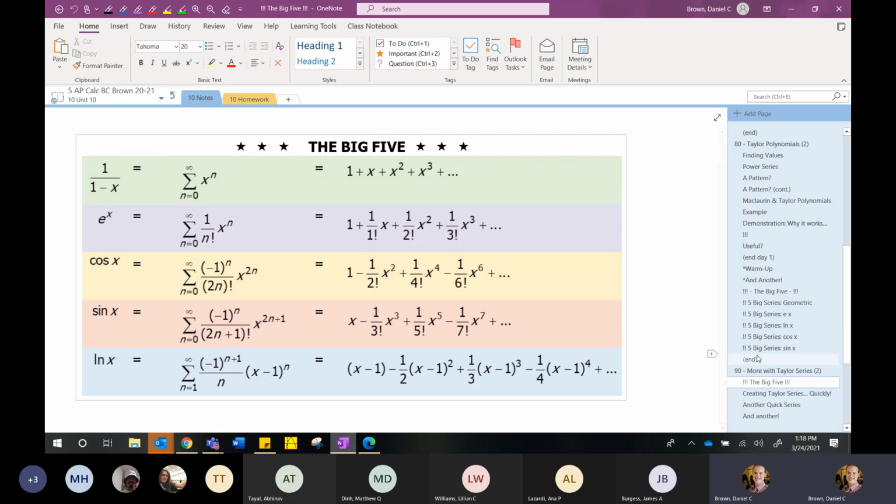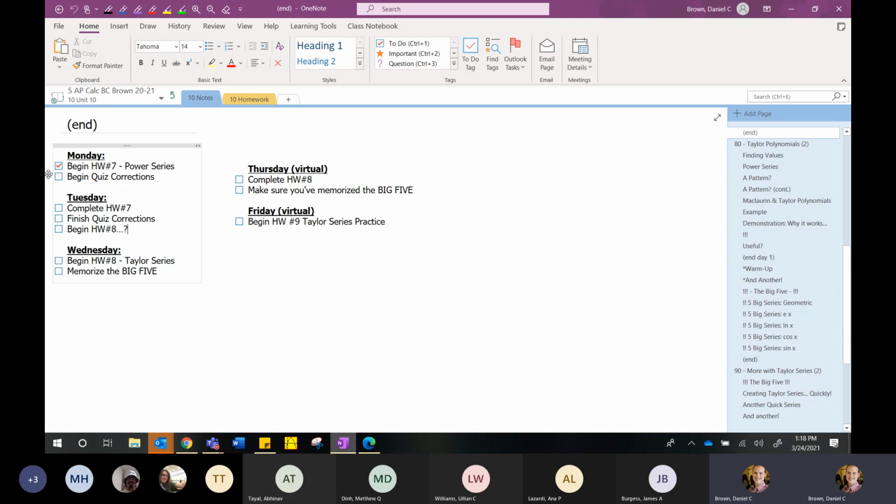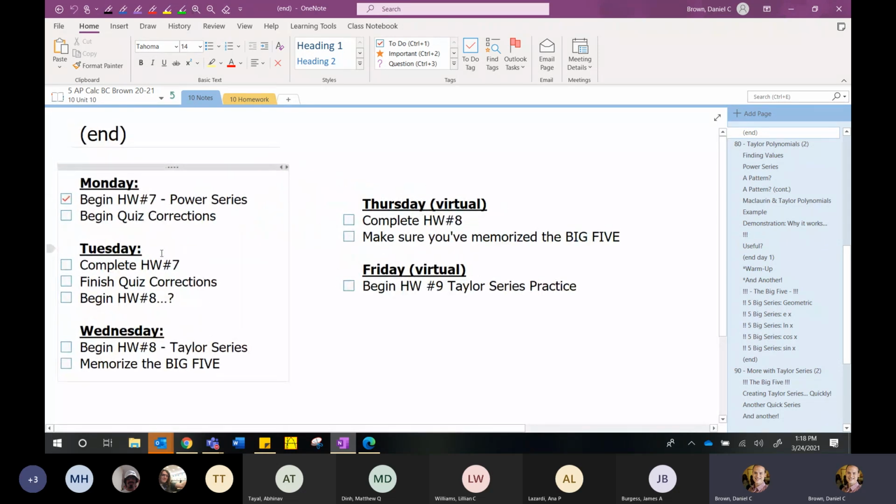Homework-wise, because I'm going to go ahead and end class now, so I'm not rushing it at the end, look at this checklist. At this point, you should be able to basically finish all of homework 7. You should be able to continue working on those quiz corrections if you haven't already. You can also now begin homework 8.